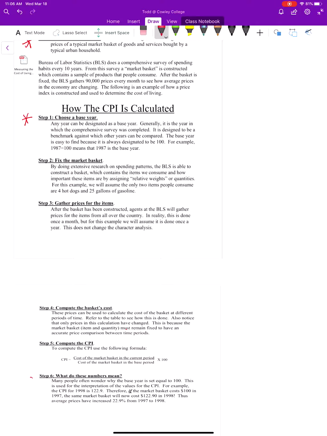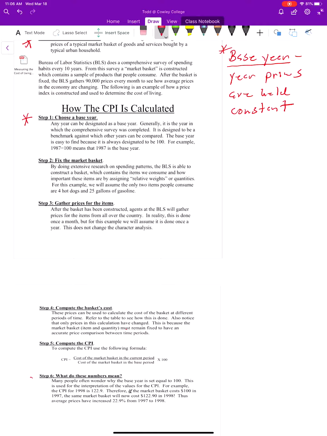So the base year is the year that prices are held constant. Now, that's a very important thing to remember because the base year is what we are going to be constantly referring back to in order to understand exactly what these numbers mean.